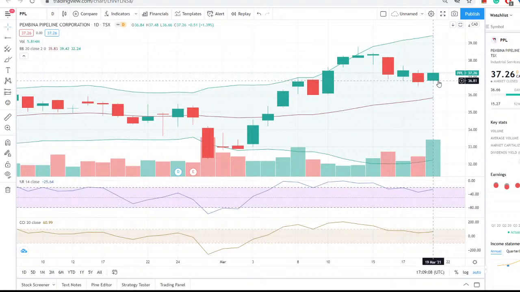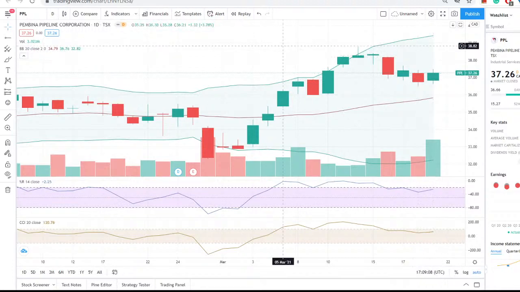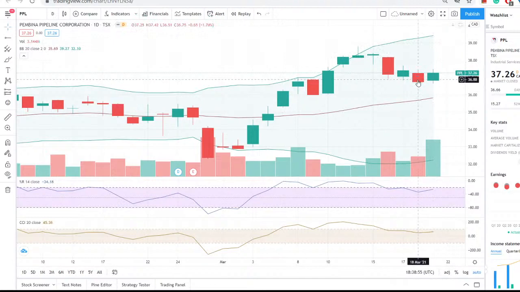Possibly you can keep the low of the red candle as stop loss if you're holding it. That's 36.50. So you keep 36.50 as a stop loss if you're holding it, and keep a sell order at 38.30 or 38.25, so that at least you don't lose your profits.